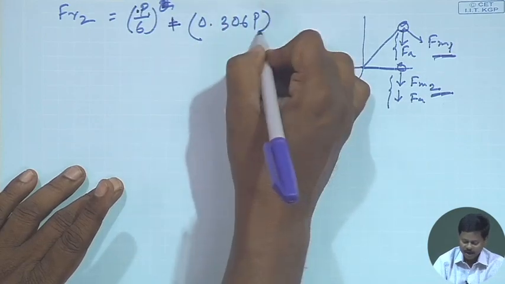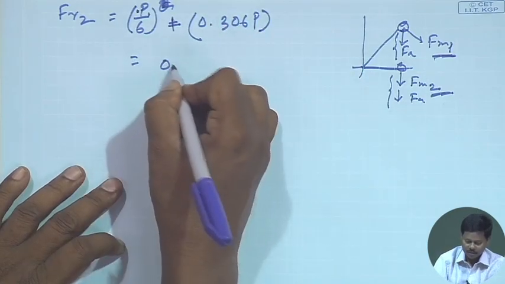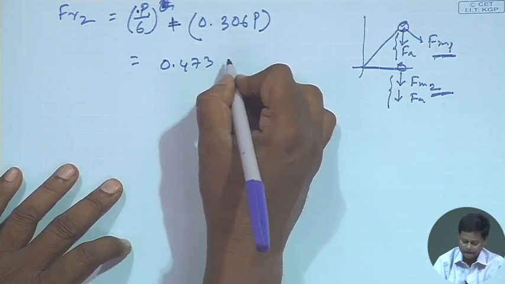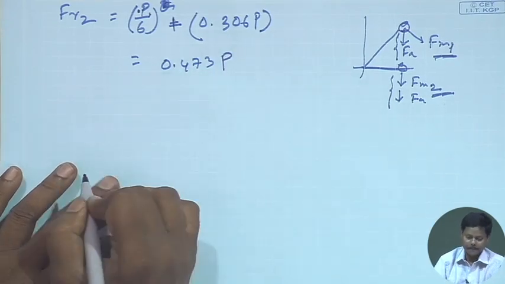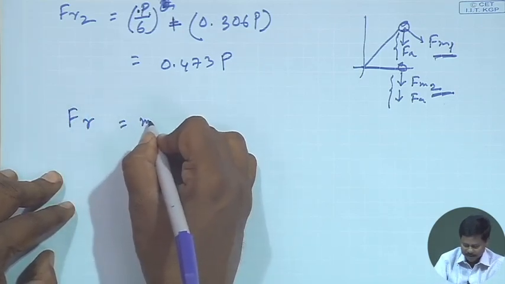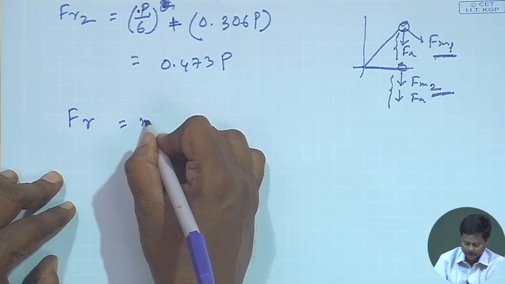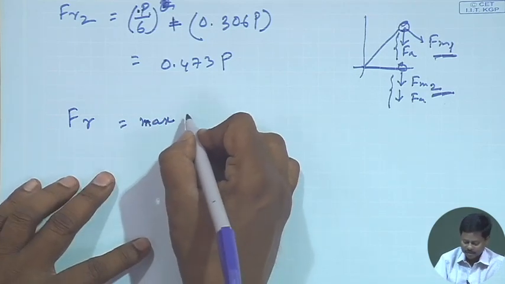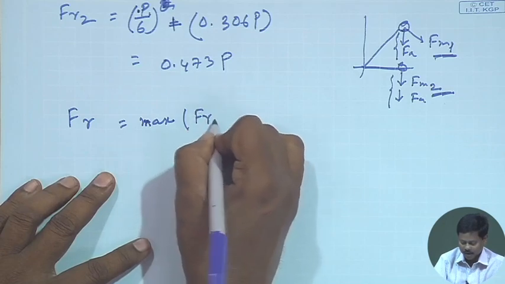If we add these two we will get 0.473 P. So, the maximum force will be the maximum of these two, Fr1 and Fr2.